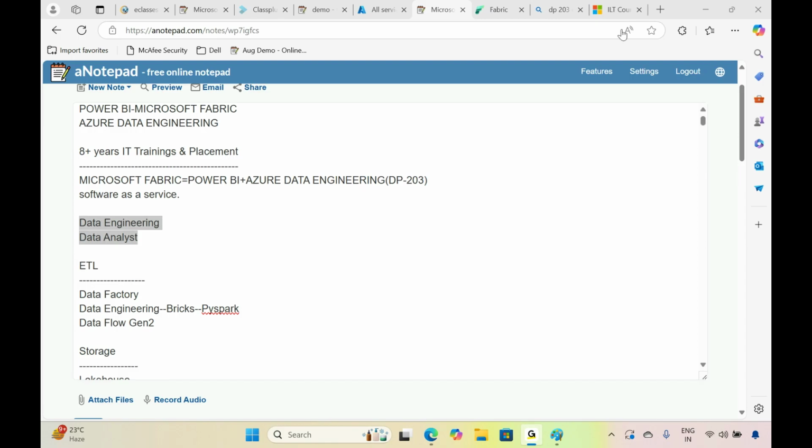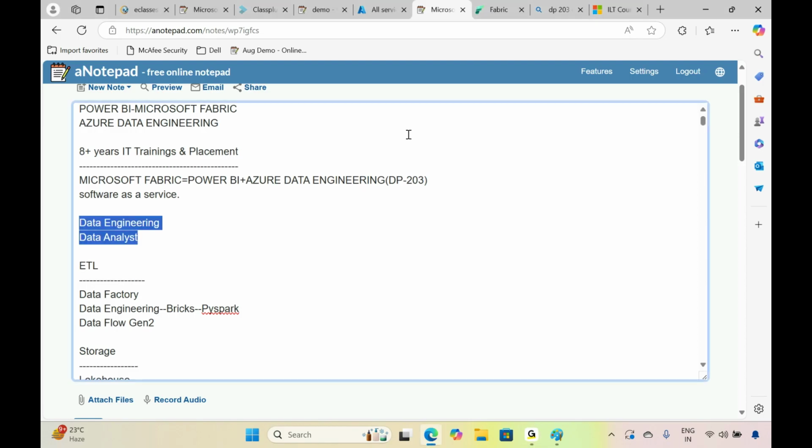So I'm recommending learning Microsoft Fabric if anybody wants to enter the IT industry. It is in very high demand in the market.